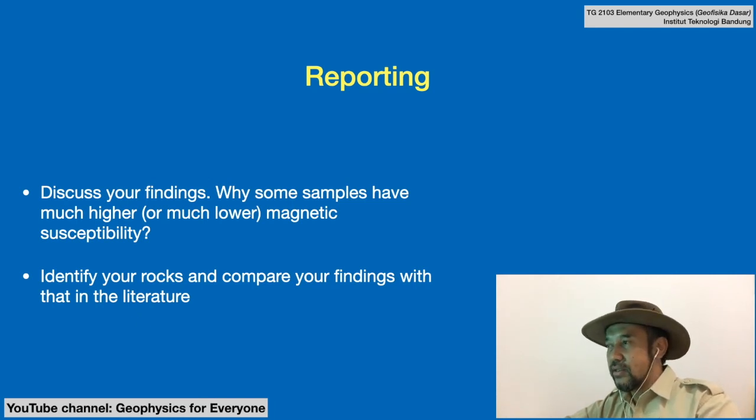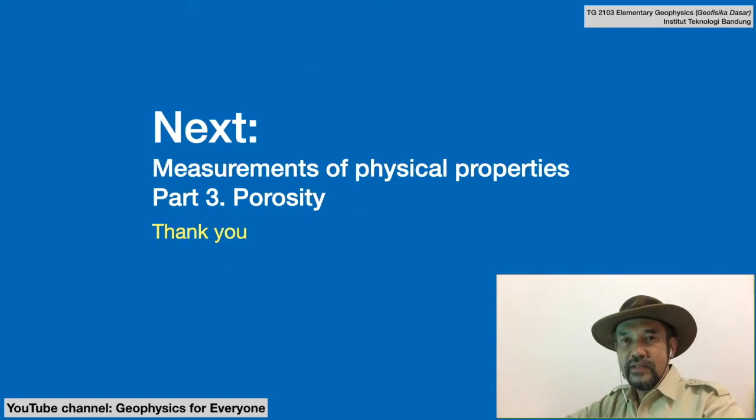The students might also compare their findings with those in textbooks or other literature. The students might describe why the magnetic susceptibility that they measured for a given rock is higher or lower than that in the textbooks. In the next video, we will be talking about the measurement of porosity in rocks.